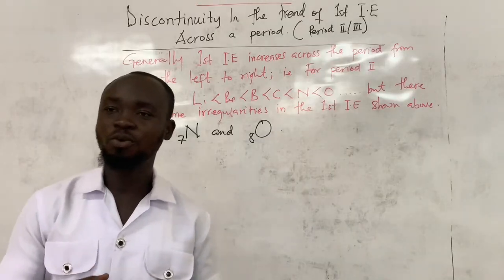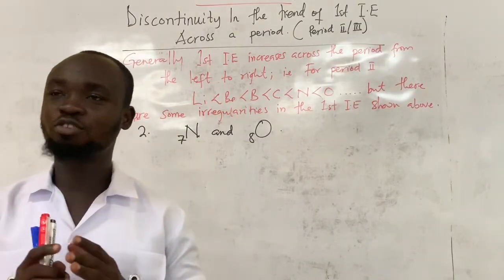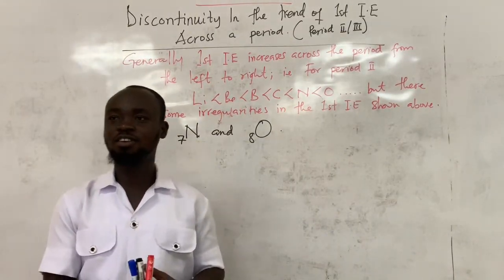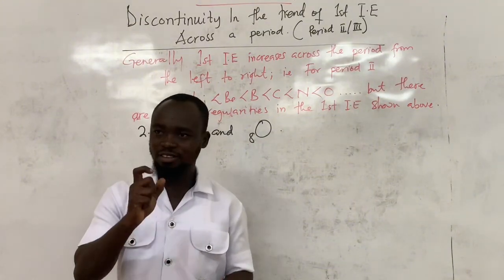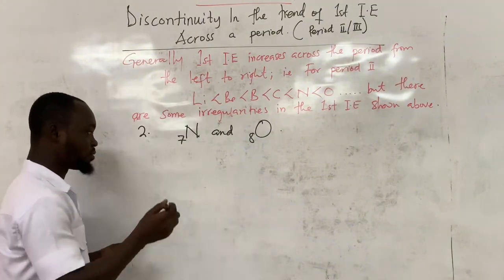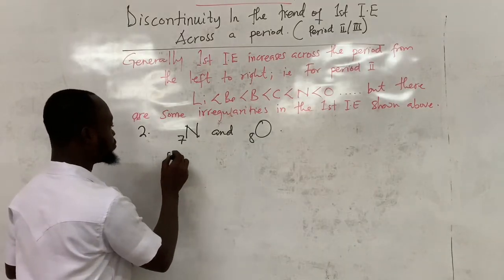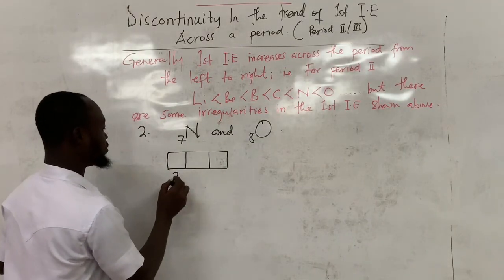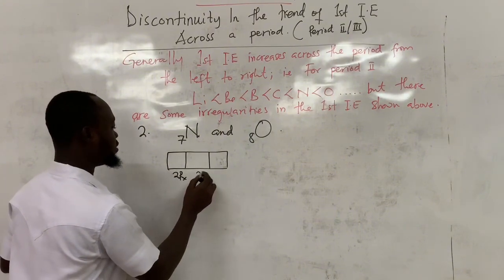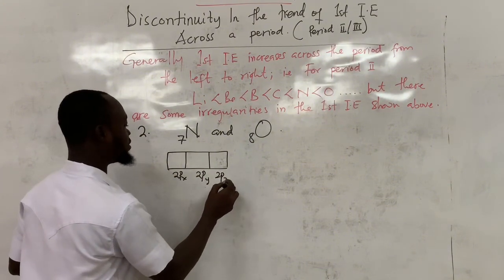But before we talk about the trend in ionization energy between nitrogen and oxygen, let's discuss some basic concepts. Once you consider the 2p atomic orbital, this is the 2px, this is 2py, and this is 2pz.